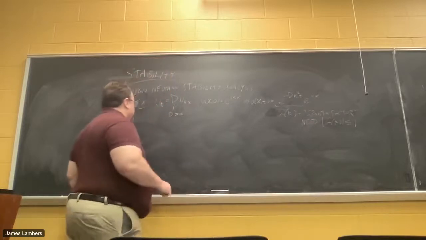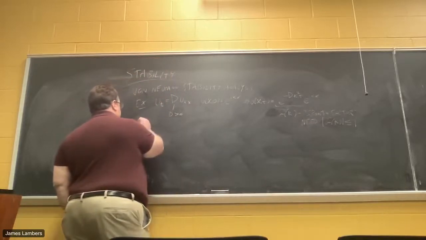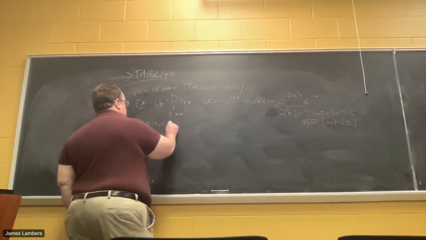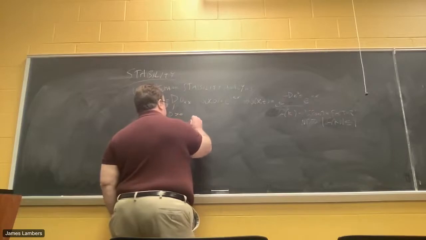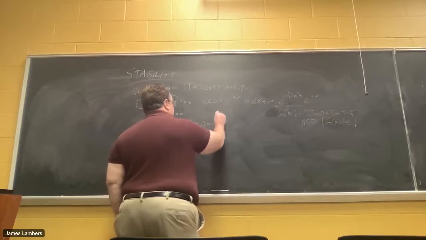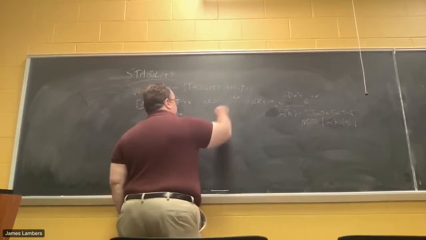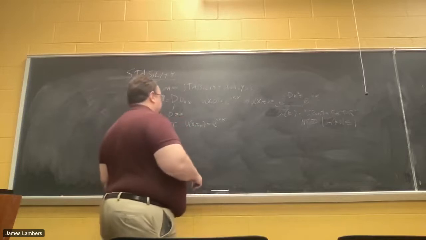So the idea behind von Neumann stability analysis is you substitute your solution at time t_n to be e^(ikx), the same initial data that we have here.